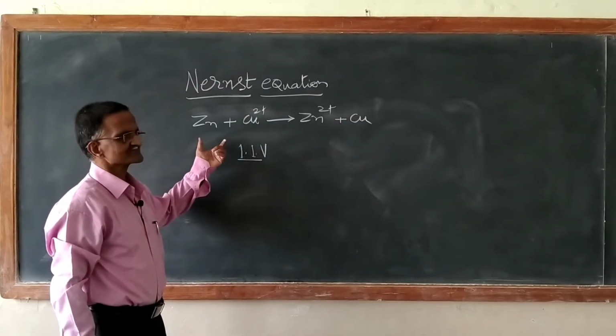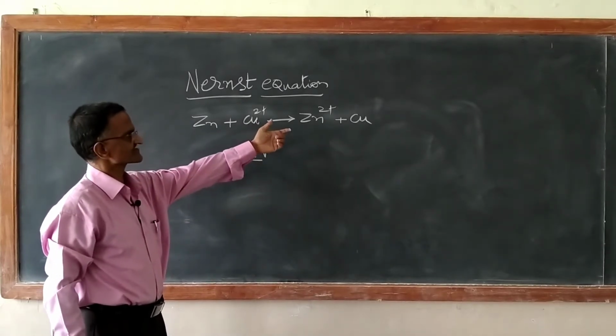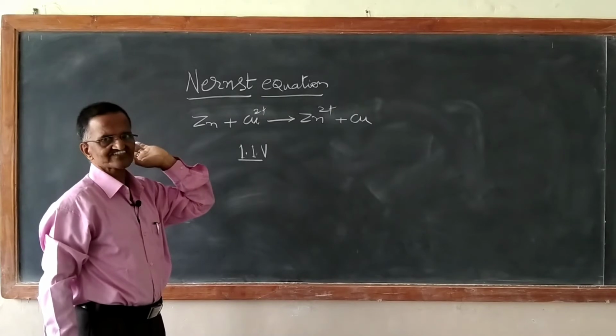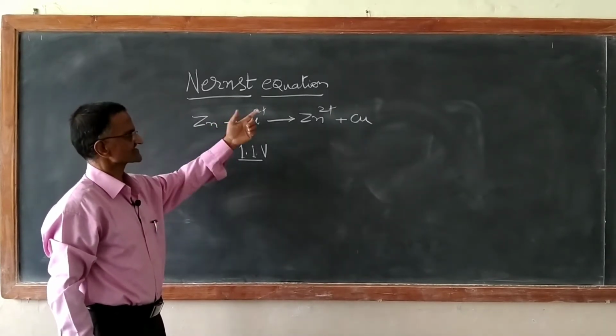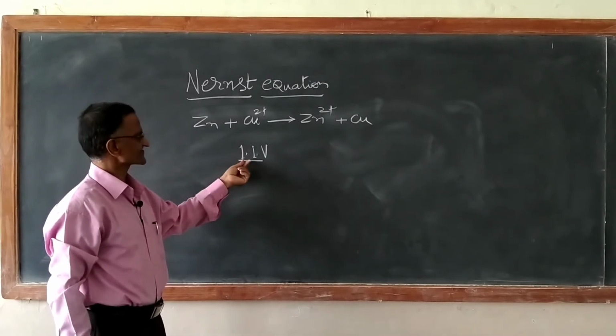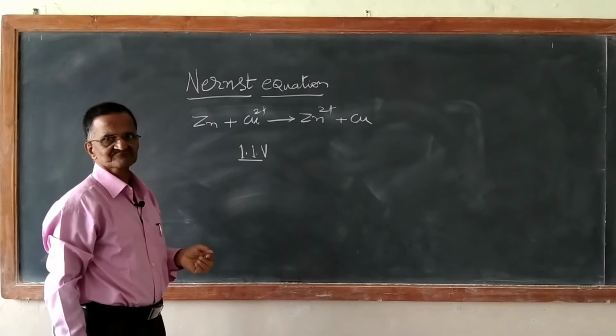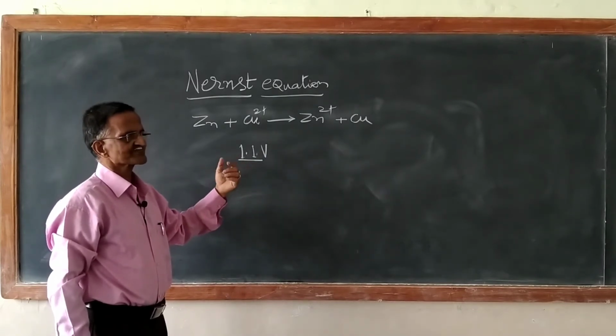We'll go back to another simple example. Zn plus Cu2+ gives Zn2+ plus Cu in an electrochemical cell. That is the redox reaction that has taken place. If I construct an electrochemical cell for that, under standard conditions I get 1.1 volts. Now the question is, will I continuously get 1.1 volts?